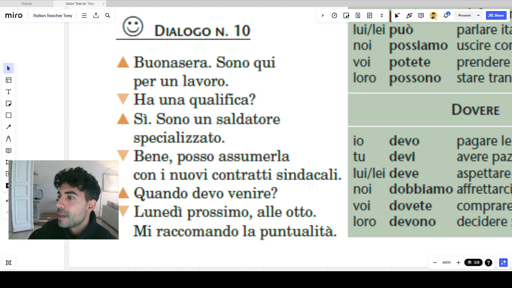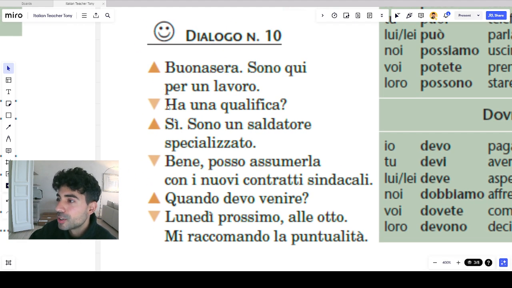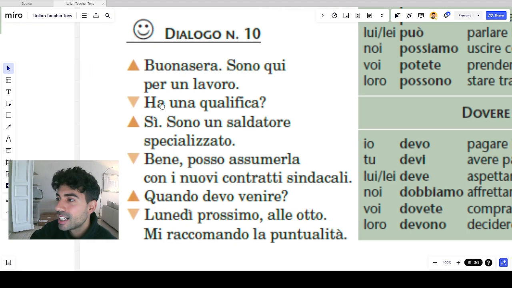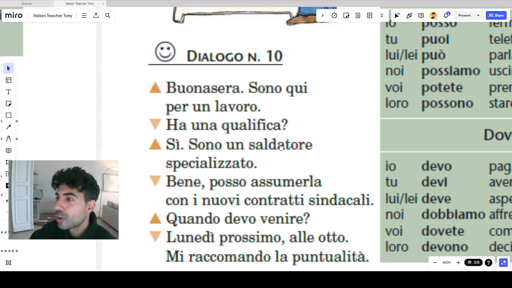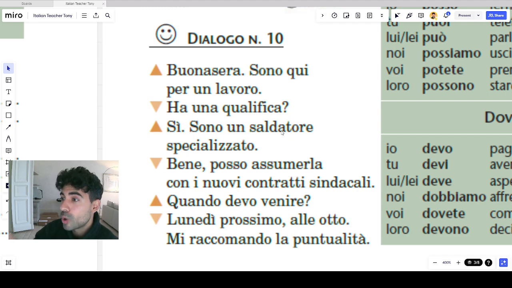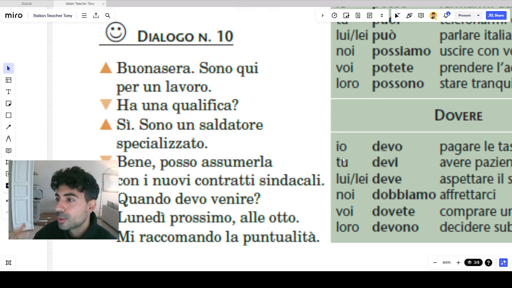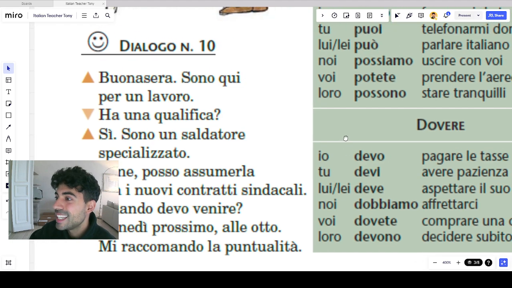Now, pay attention that this person, the triangle facing down, is talking in the formal way. It's not saying tu hai una qualifica, it's saying lei ha una qualifica. Lei ha is not talking to a girl. It's talking to a man in front of him, but using the formal way, which in Italian is the lei. So even if you're talking to someone and it's not a girl, if you want to be polite, you will say lei.